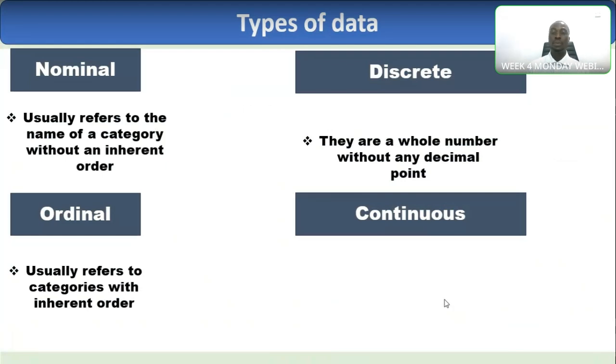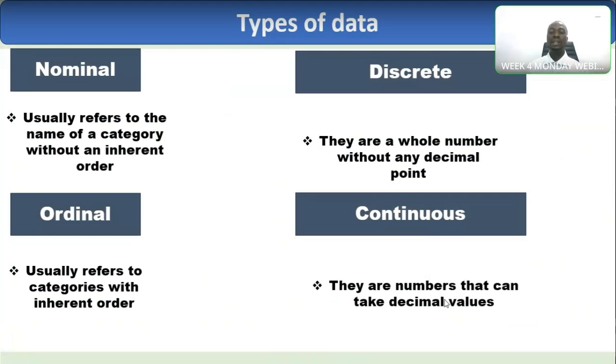It's not possible. The number of students has to be a whole number. So if you say number of students in this class, then it is a discrete data as long as we cannot represent that particular value in a decimal point.